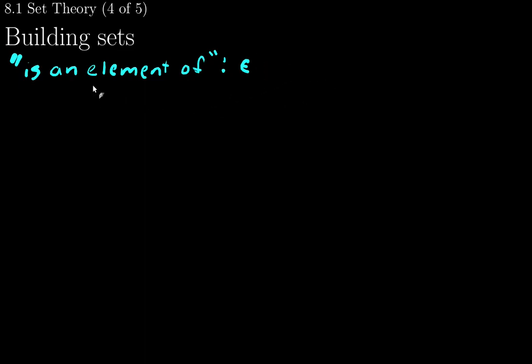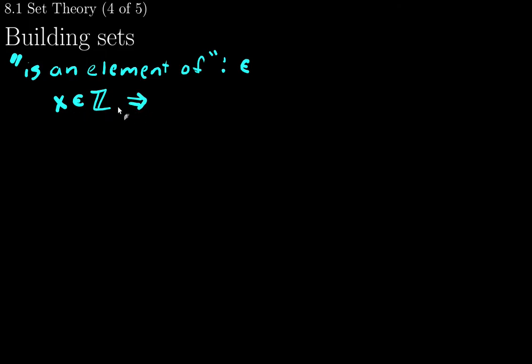And the way that works is this. If I say x, this little e, and then this Z, this means x is an element of the integers.